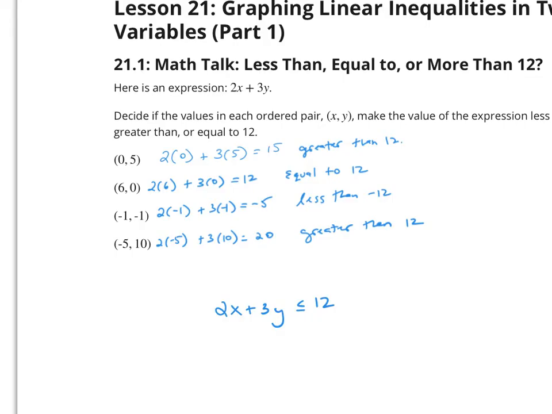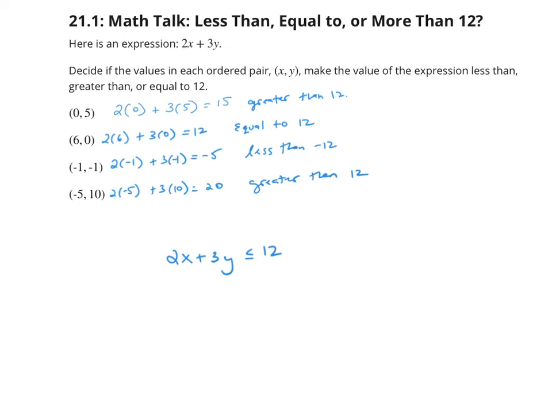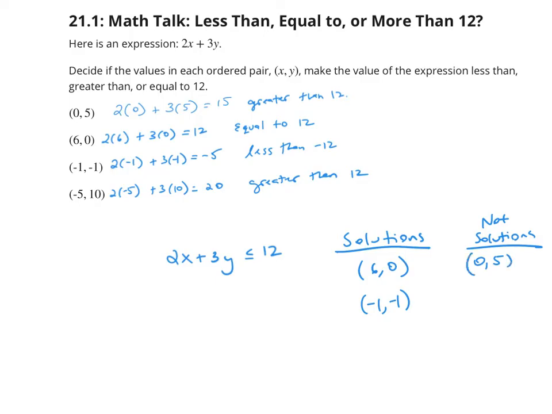So in this case, the ones that would make this a true statement are (6, 0) and (-1, -1). When we plug those in, it makes it a true statement, so those are solutions to the inequality. The other pairs were not solutions, right? So (0, 5) and (-5, 10) would not be considered solutions to this inequality.